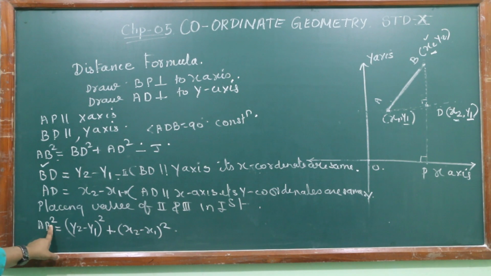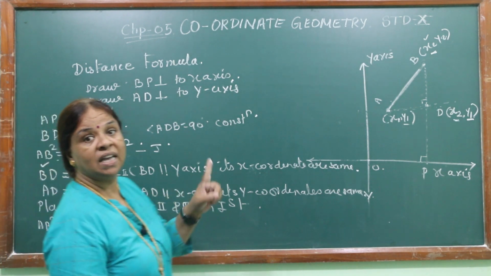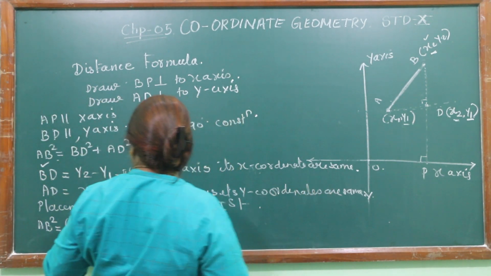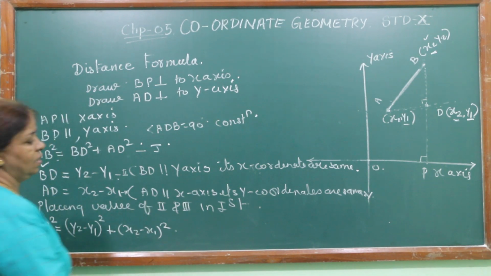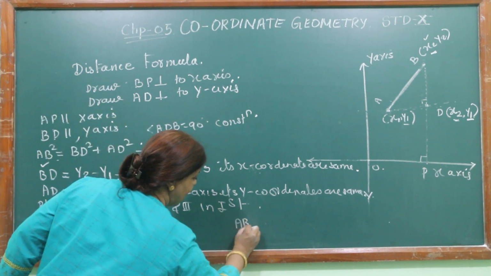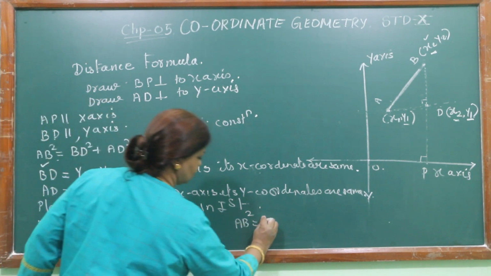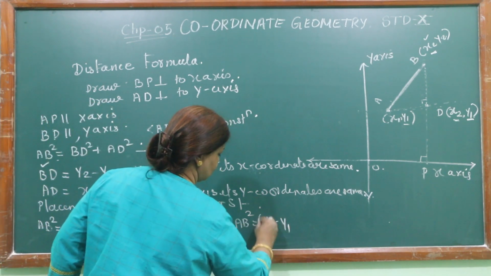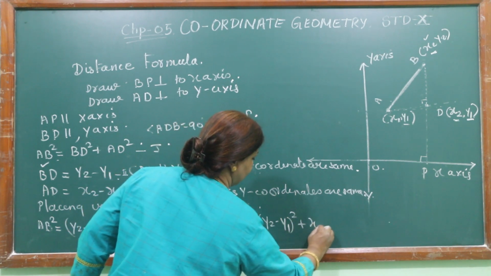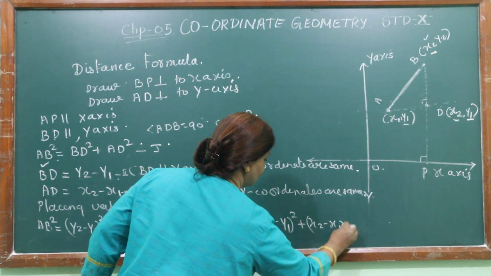So I want AB, not AB square. To get AB, what should I do? AB square is y2 minus y1 the whole square plus x2 minus x1 the whole square.